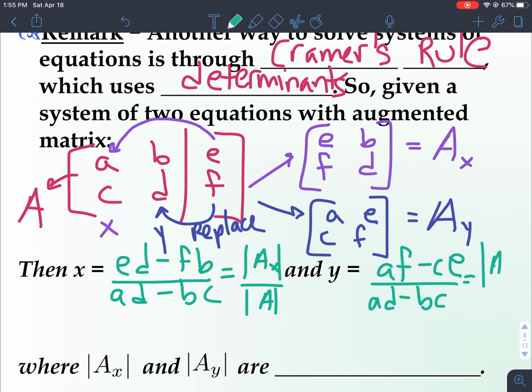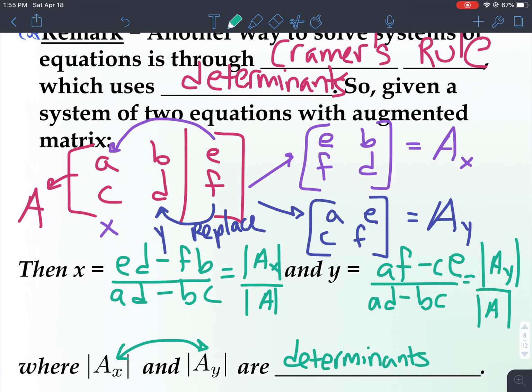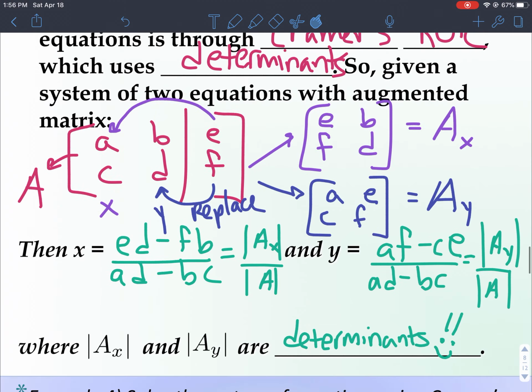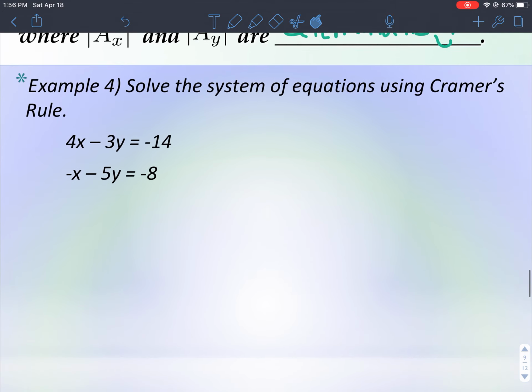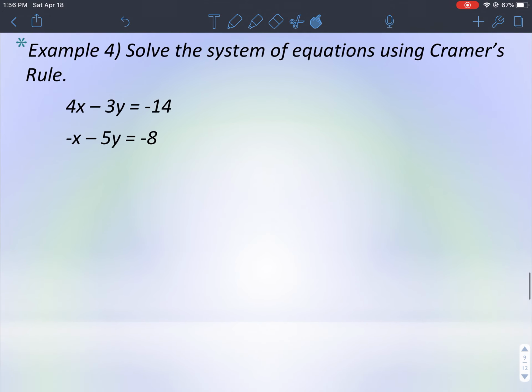And let's call that the determinant of the augmented Y matrix over the determinant of the coefficient matrix A, where this notation right here means determinant. And that makes us happy, because now we have yet another way to solve a system of equations using Cramer's rule.